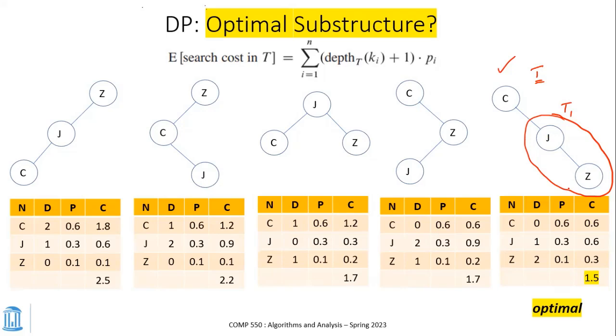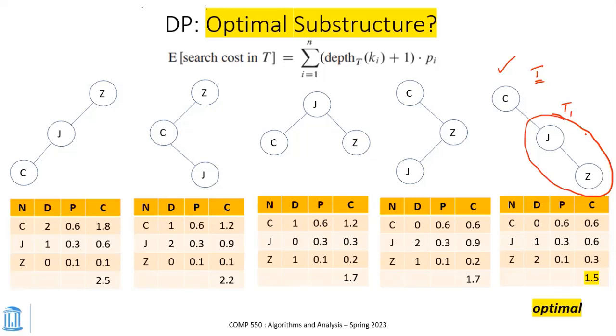Then we're going to take a look at a subtree, which I'm going to call T1. If it does have optimal substructure, then T1 will also be an optimal solution. To prove that, as you suggested, we take another subtree and ask, what if that subtree has a better solution?